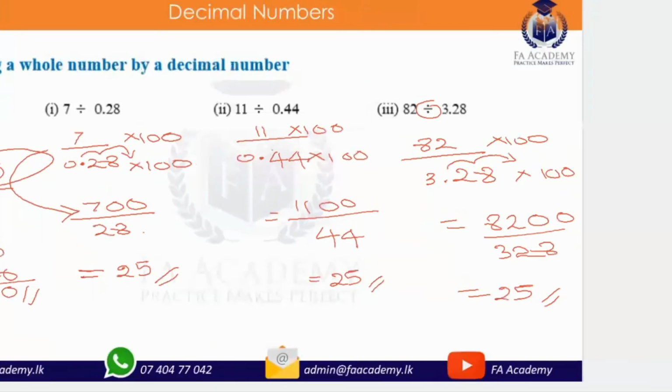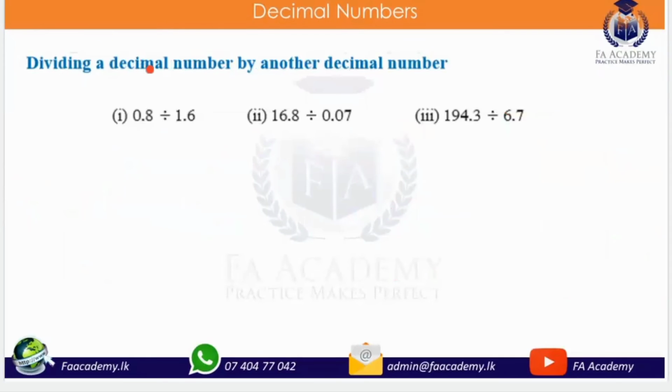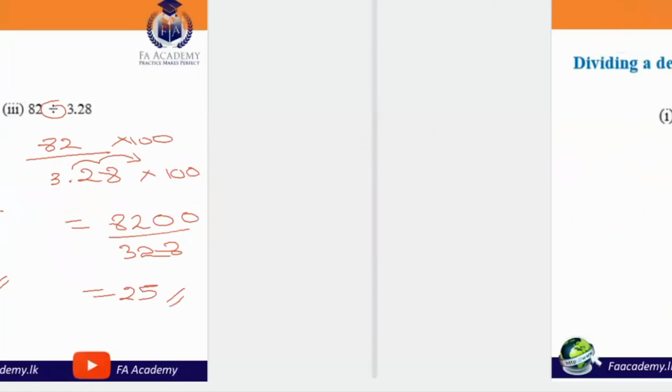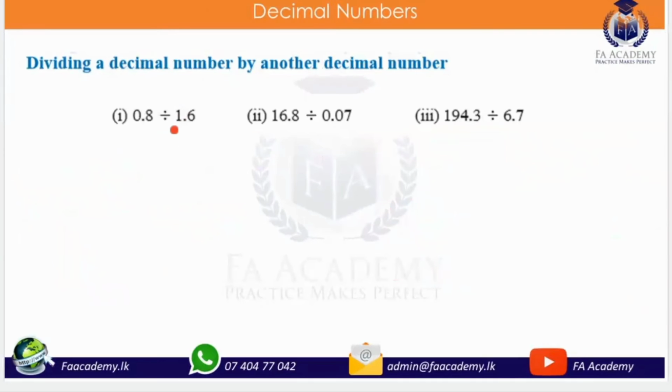Right, so the next stage is the final stage, dividing a decimal number by another decimal number. If you have two decimal numbers to divide, what would you do? Last time we had a whole number on top and a decimal number at the bottom as the denominator, so we followed this step. In case you have a decimal number on top and a decimal number at the bottom, what would you do?